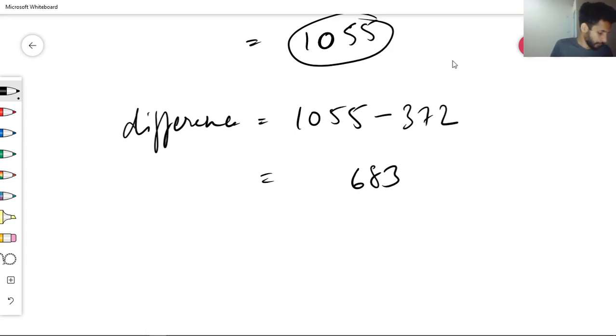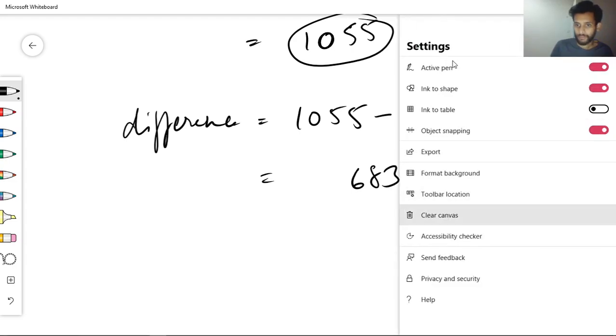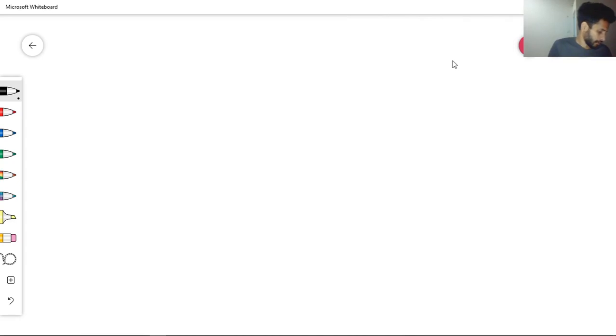Now coming to the MCQs, question number 16. A humpback whale swimming on the water surface dives 250 meters. If it then dives another 75 meters, which expression represents the situation?